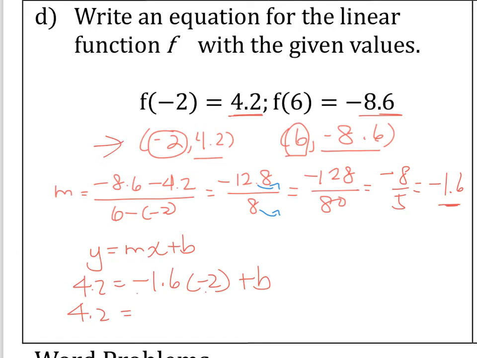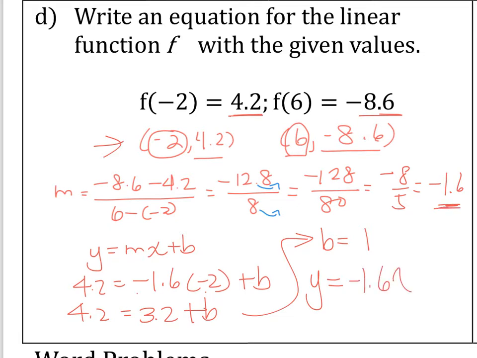And 1.6 times 2 gives you 3.2. And plus b. 4.2 subtract 3.2 gives you 1. So your final equation of the line should be y equals negative 1.6x plus 1.